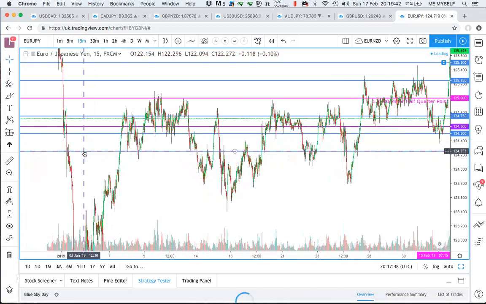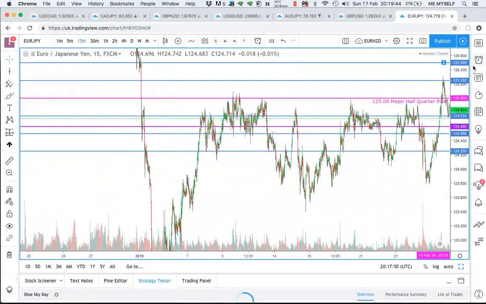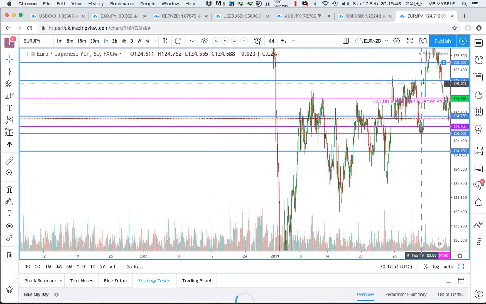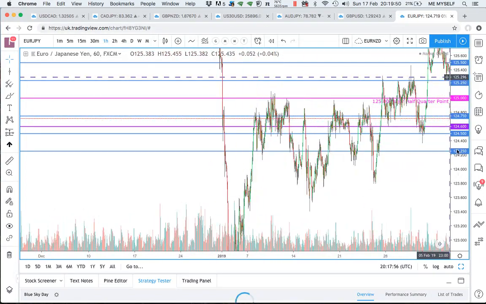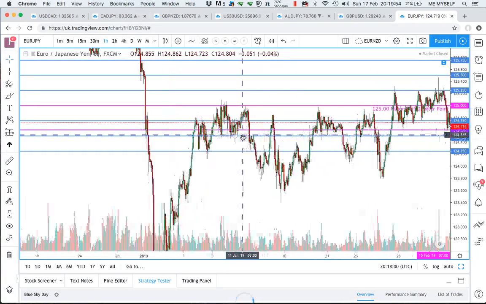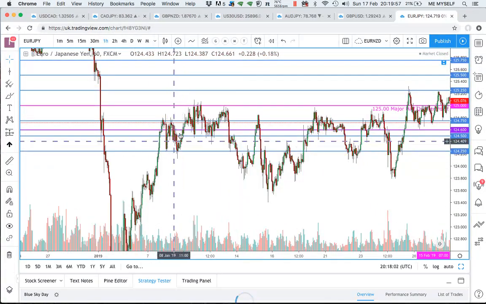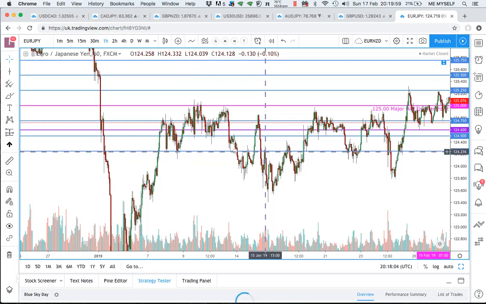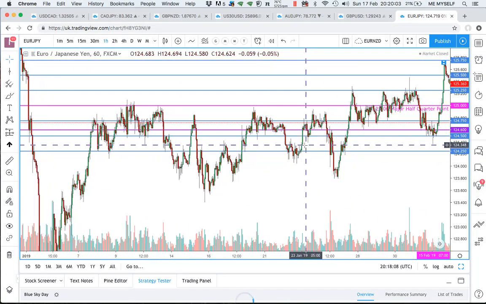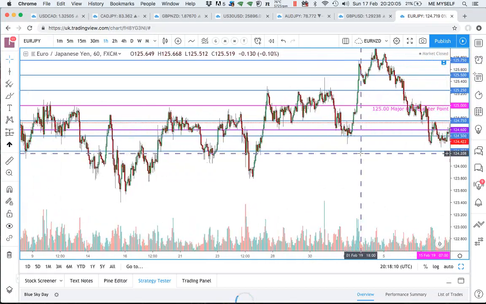Okay, we could see in the past here. We can go back to a bigger time frame, the 1 hour time frame. That price of 124.25 right here was support, support, resistance, resistance, support. All right, we had some ranging at that price, support here as well.